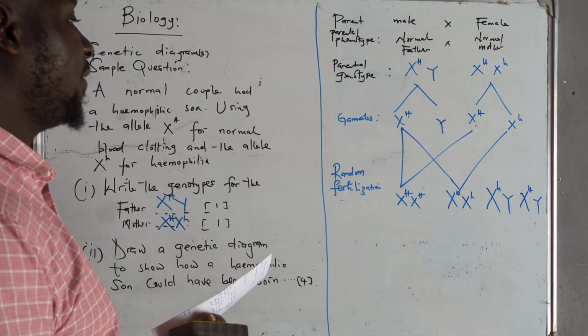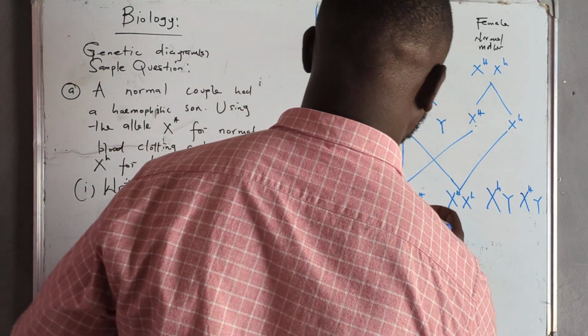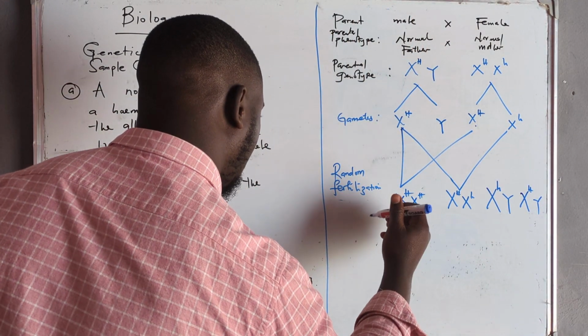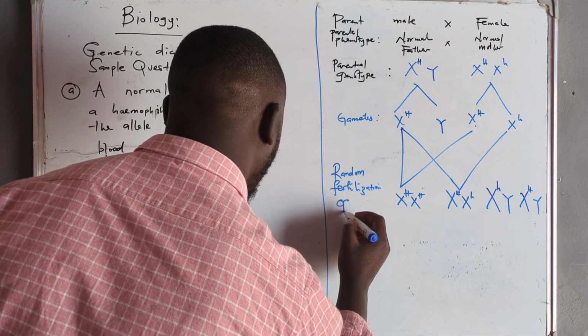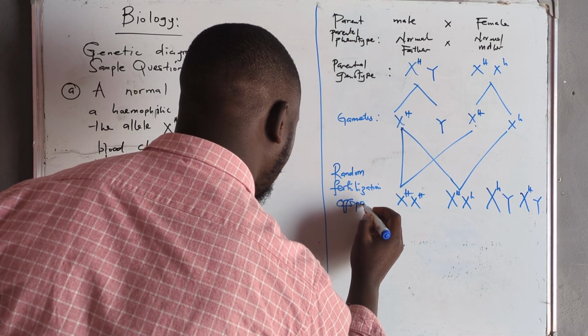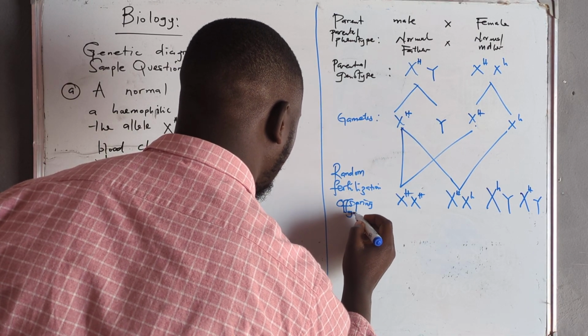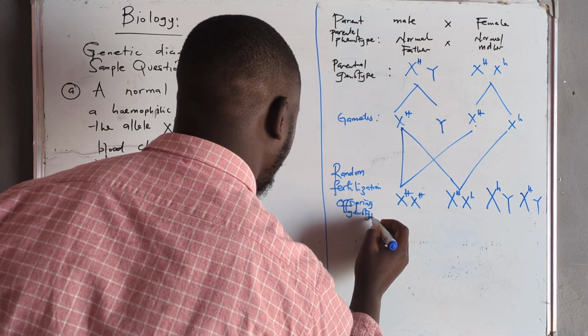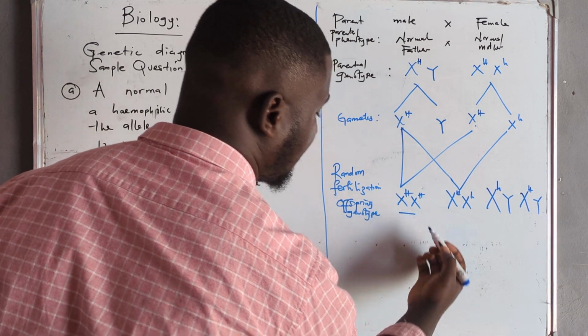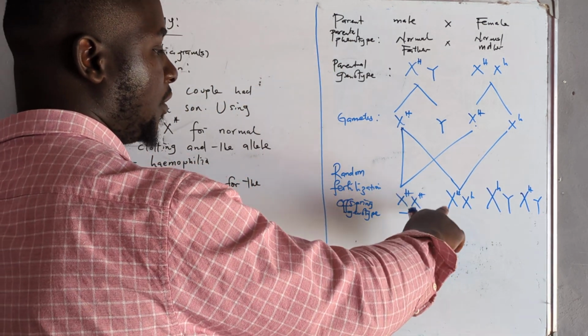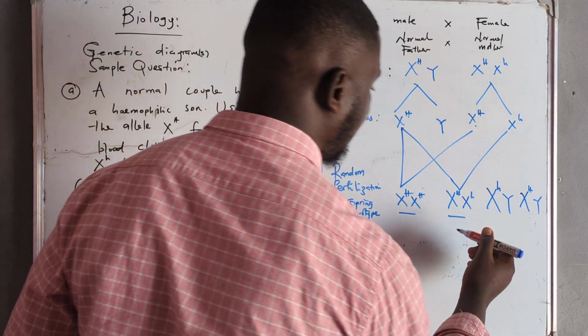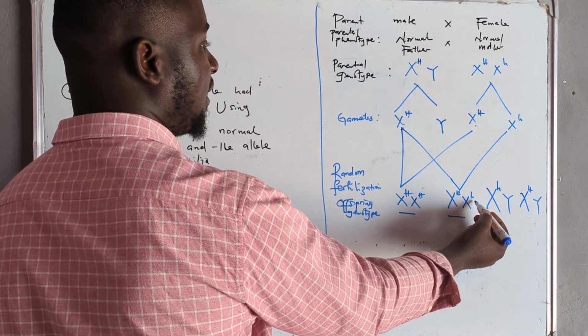Alright, now if we analyze the results, you discover that these are offspring genotypes. So these are the genotypes for the babies. Now this baby is female and normal. This baby is female, but she's a carrier of some kind. Okay?